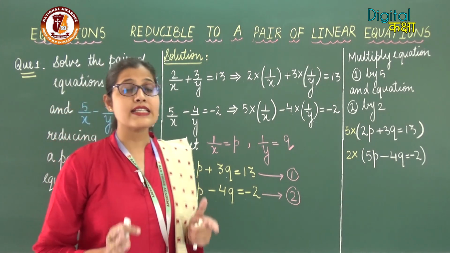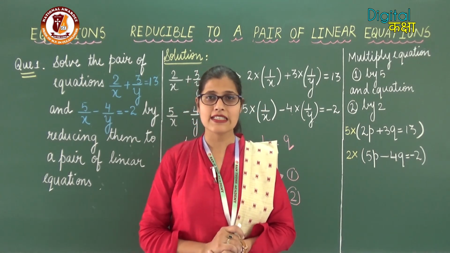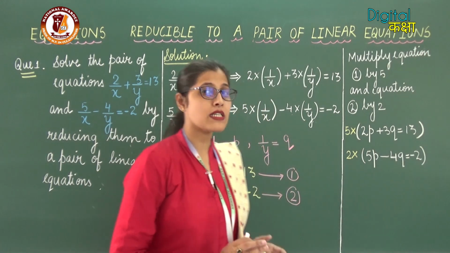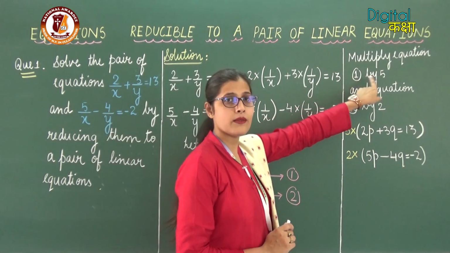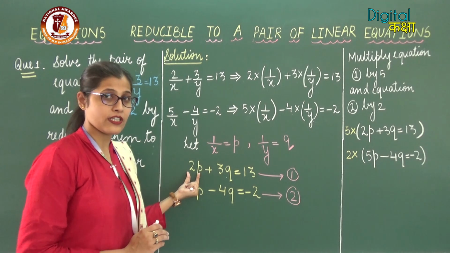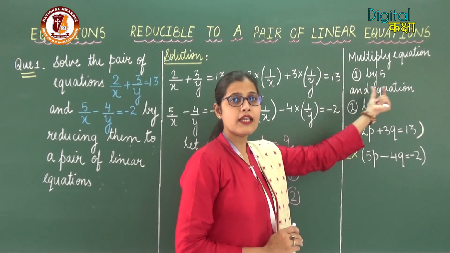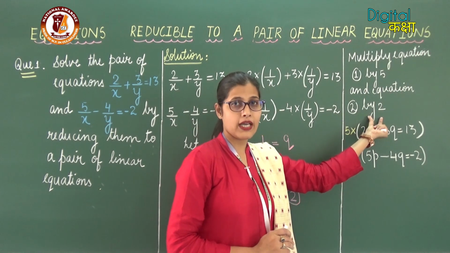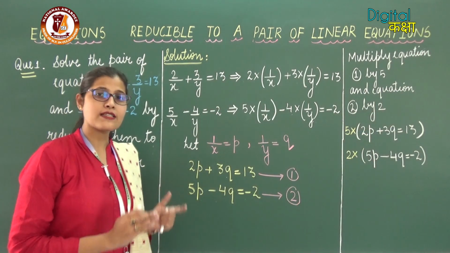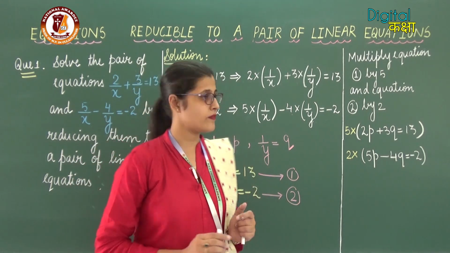So the LCM of 2 and 5 is 10. So let us multiply equation 1 by 5 so that I can get the coefficient 10, and similarly I will multiply equation 2 by 2. So let us multiply it and solve the equations further.